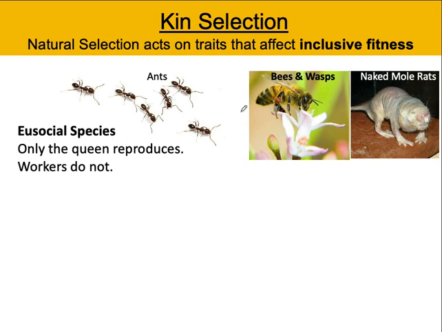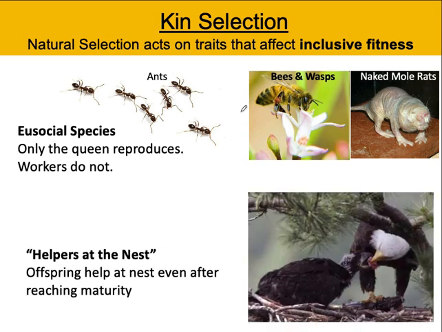In these cases, the worker individuals do not reproduce, right? Their direct fitness is 0. Only the queen reproduces. But through a mechanism like kin selection, these sort of helper behaviors can evolve.